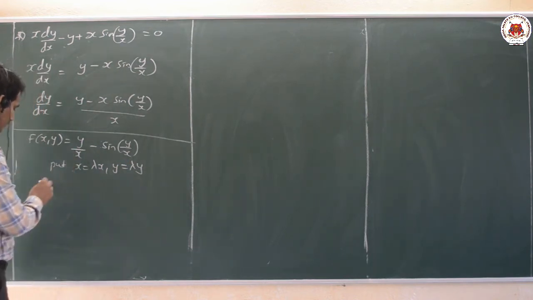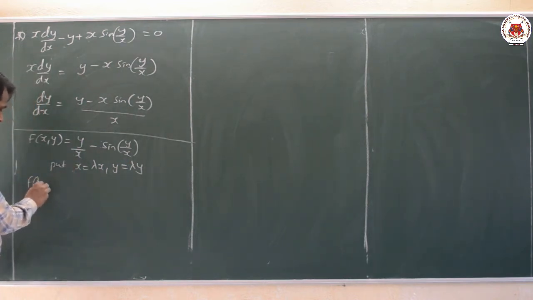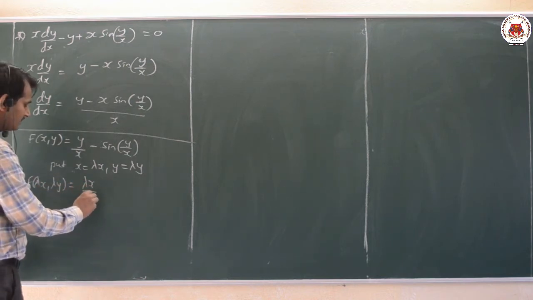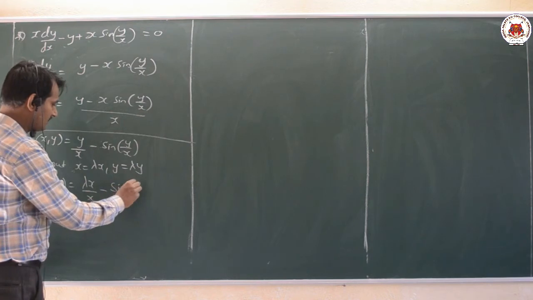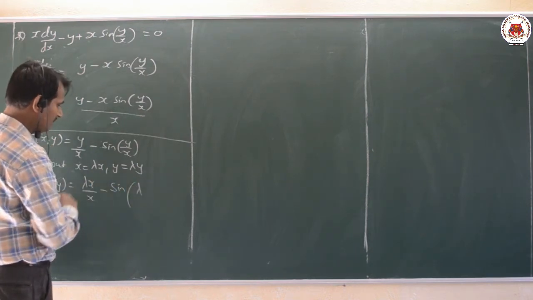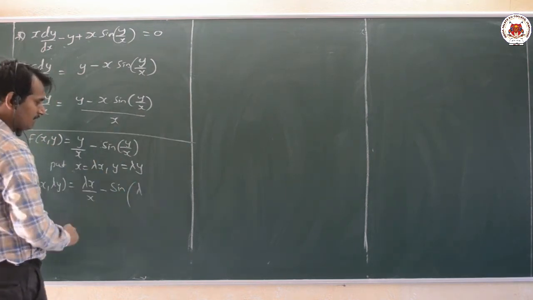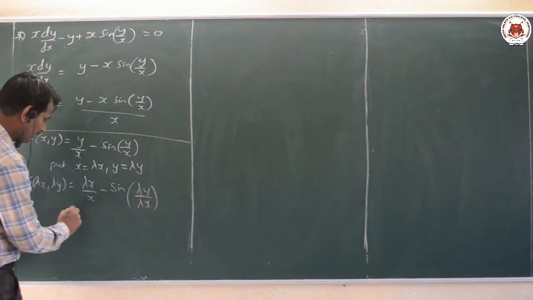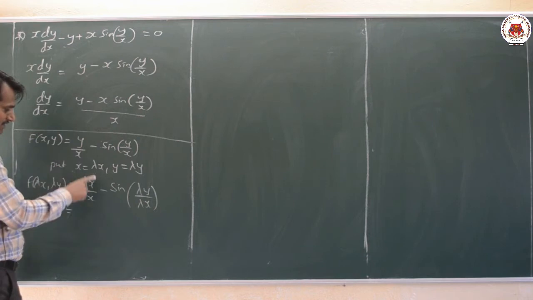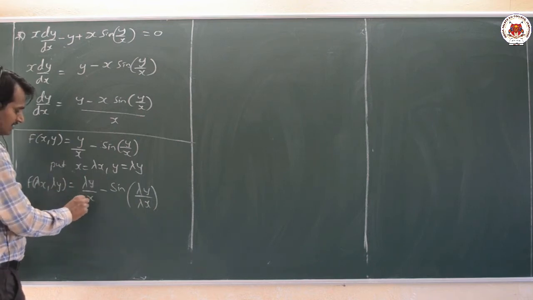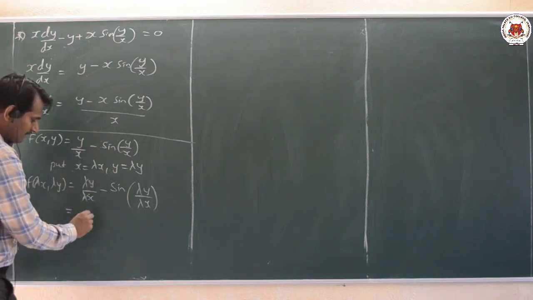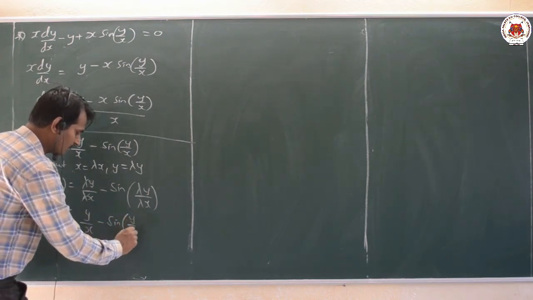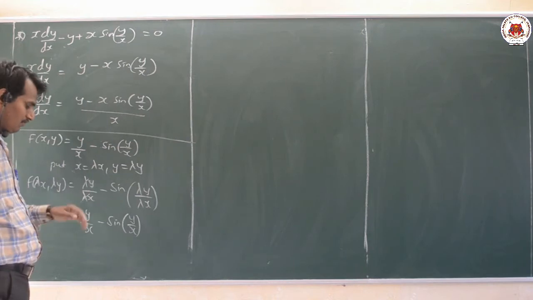Now substituting, we get f of lambda x comma lambda y equal to lambda y divided by lambda x minus sine of lambda y divided by lambda x. Now lambda gets eliminated, the remaining part is y by x minus sine of y by x.